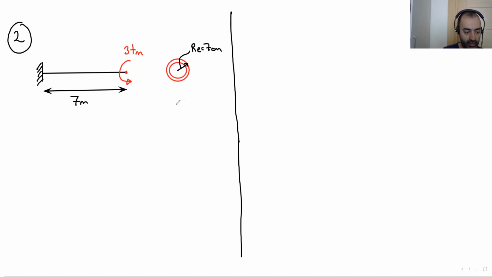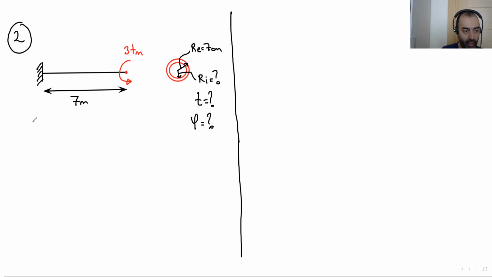The question here is actually the R internal, so we are asking about the thickness of this hollow section. What is t? And what is the strain under the torsional moment?